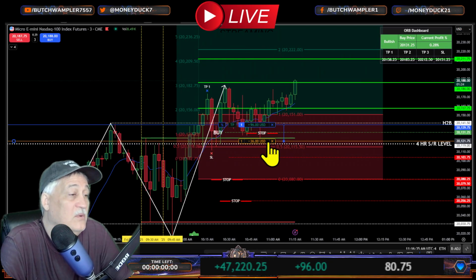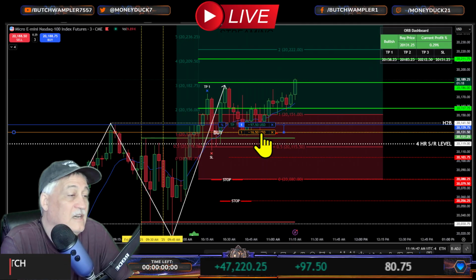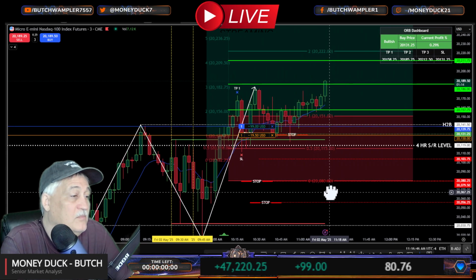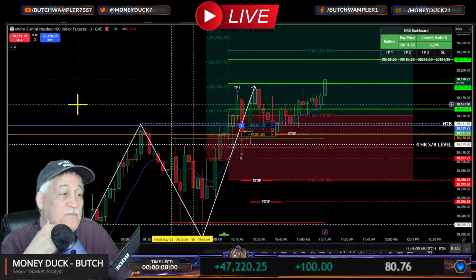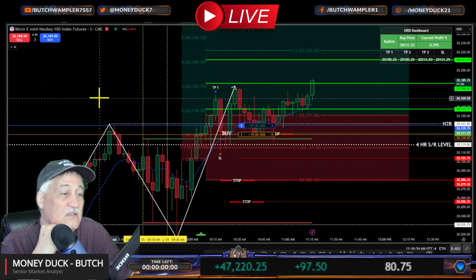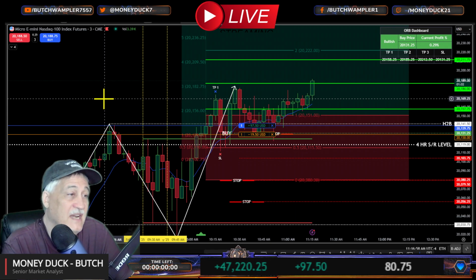So I'll move my stop up to this stop level right here. This was one of the stop levels on the indicator when we changed the risk tolerance in the settings. All right, so we'll move the stop there, not quite to break even. We'll lose back $20 out of the 200, which is 180 on the day trading this.